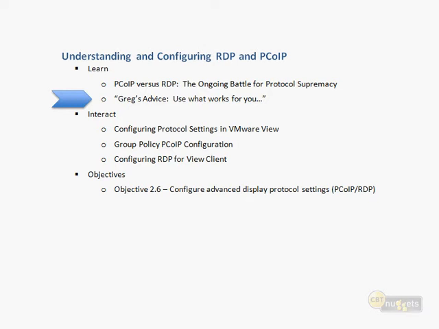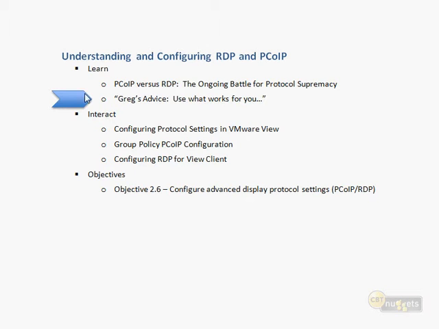Also, full motion video and 3D applications can sometimes be better using PC over IP. But again, your mileage may vary, and I'll show you some of the differences between the two, and at the end of the day, let you decide what works best for your environment.